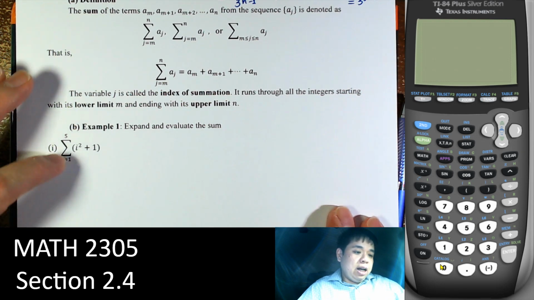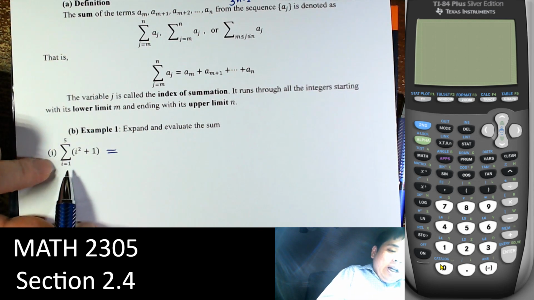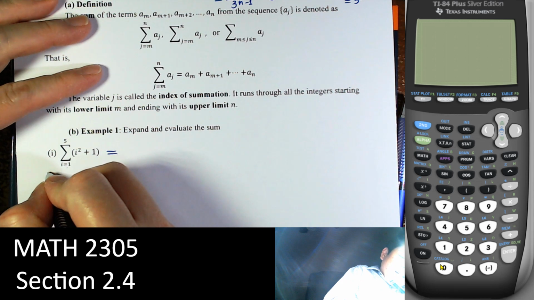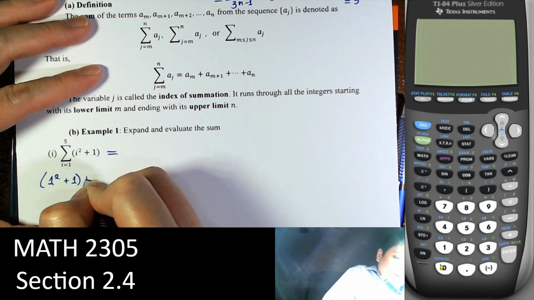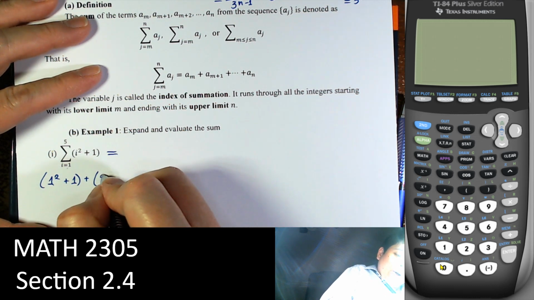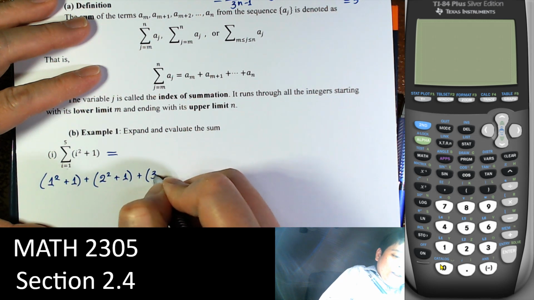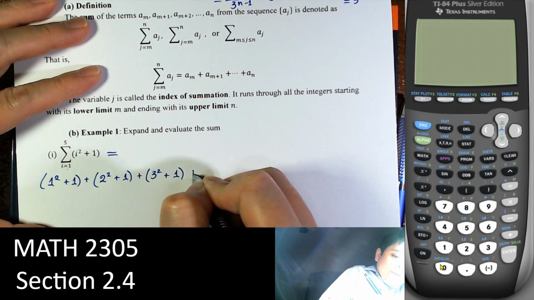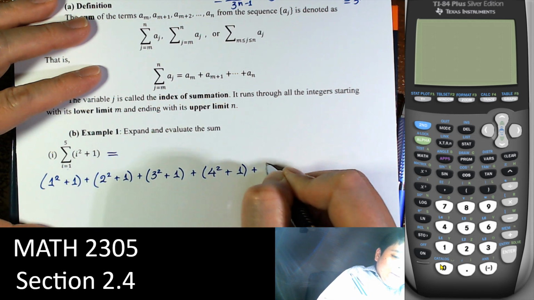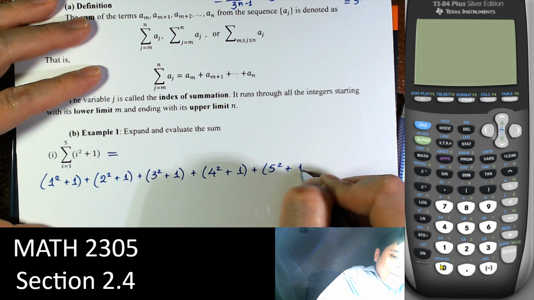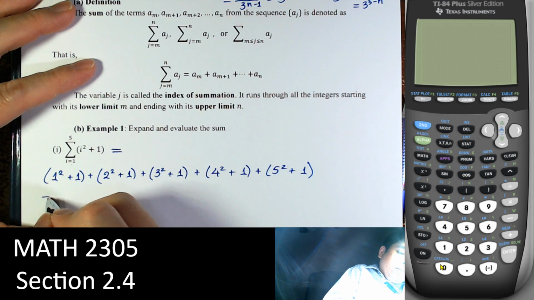Right, now let's look at this. Expand and evaluate. So here we're just going to put 1 in for i, and 2 increase for that. Right, so just the index from 1 and just increase by 1 every time.